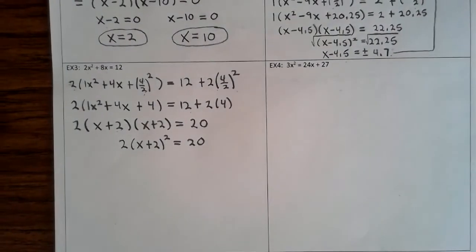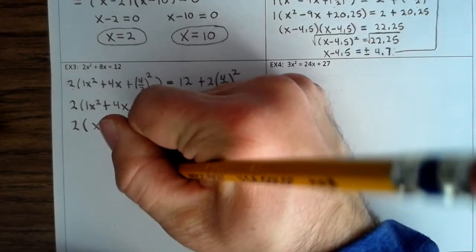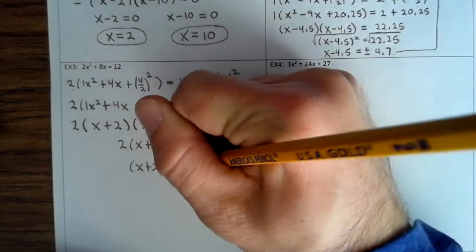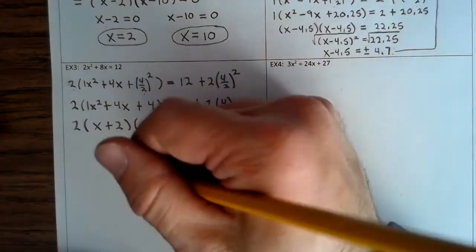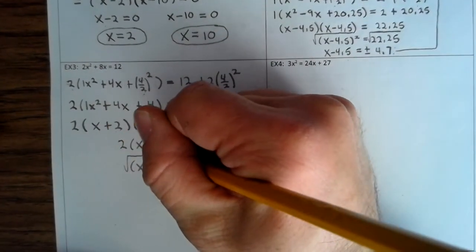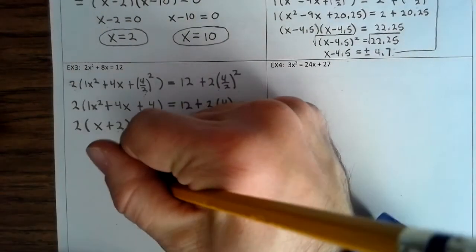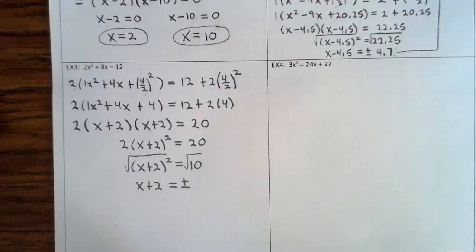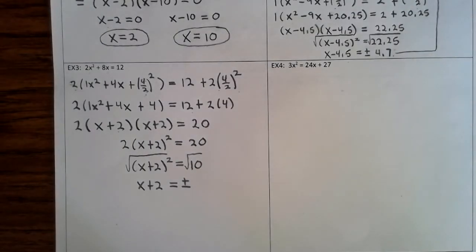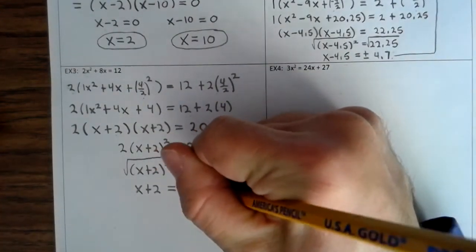We're going to divide both sides by 2. So then that's x plus 2 squared equals 10. Now we take the square root of both sides. So then that's x plus 2 equals plus or minus the square root of 10, which is, let's just do one decimal place, 3.2.